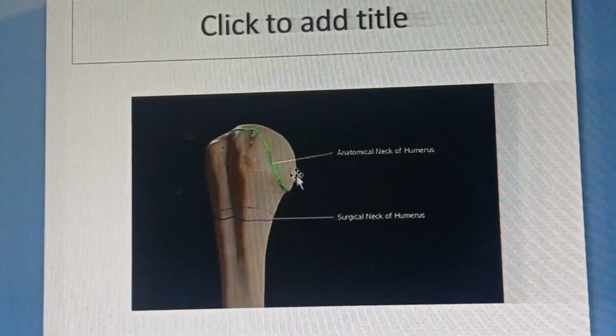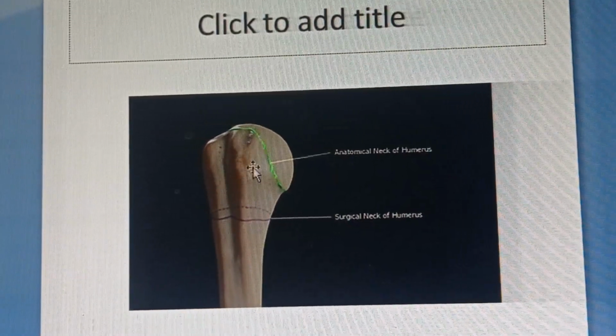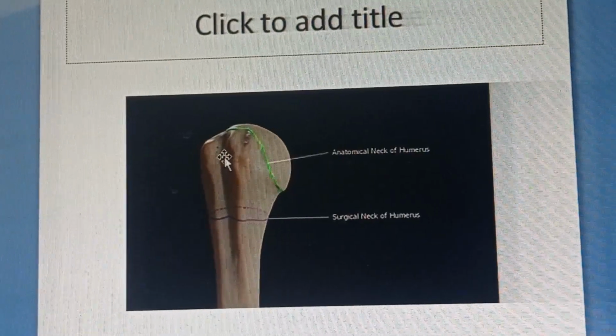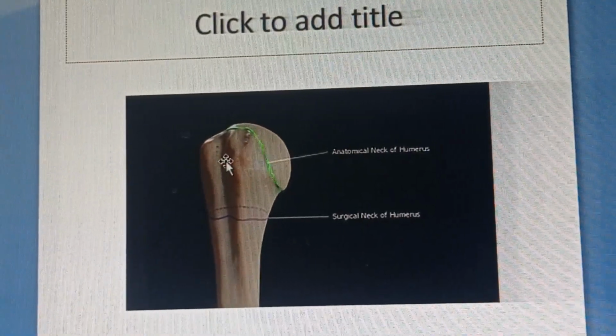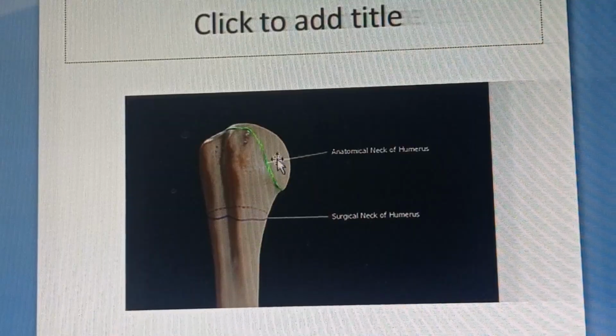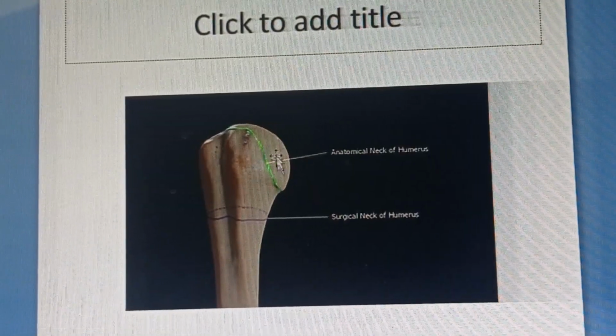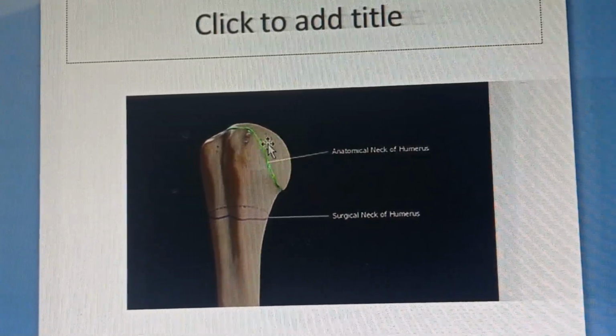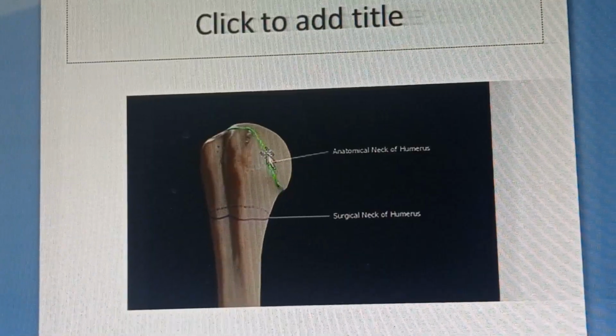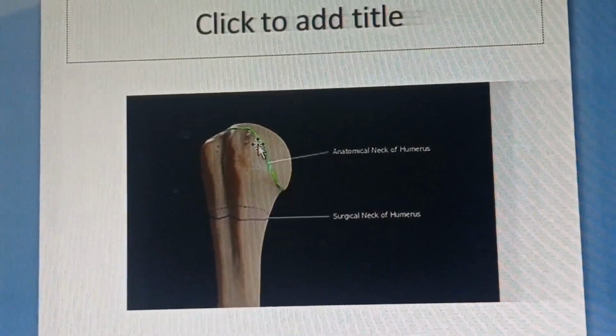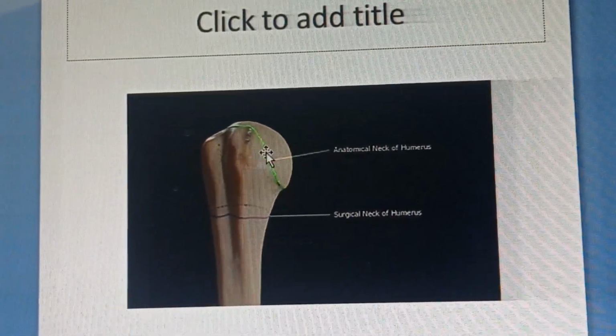It separates the head from this rough area which we call the tubercle. Now we have studied two landmarks at the proximal end: the head, this rounded semi-spherical surface, and this separating line, the neck.